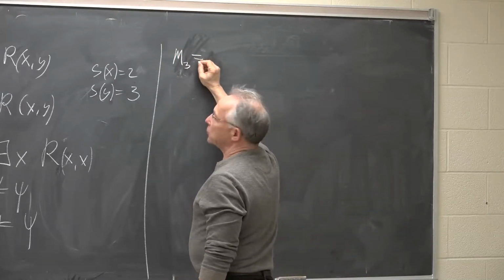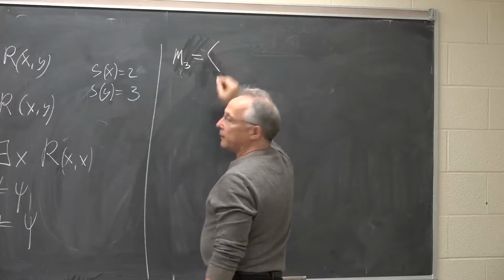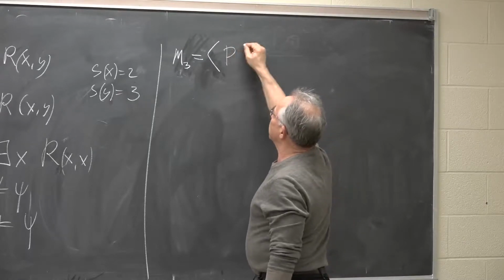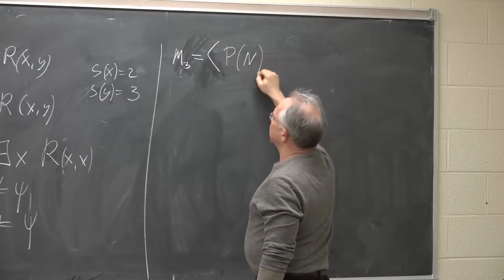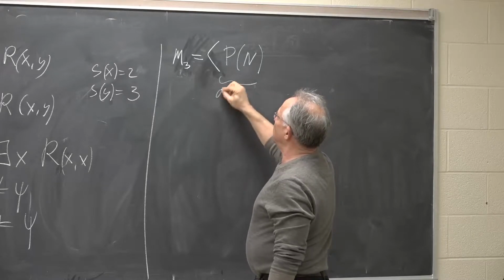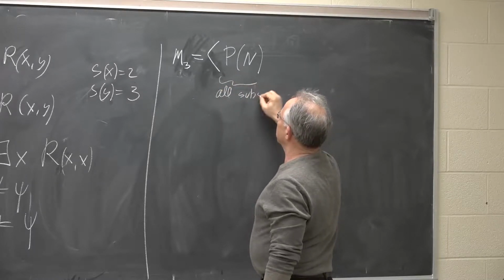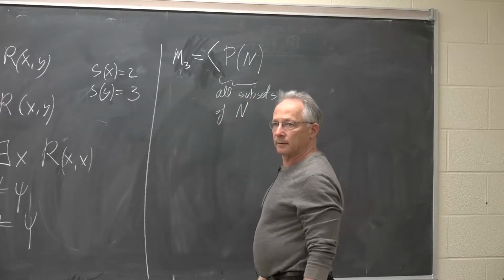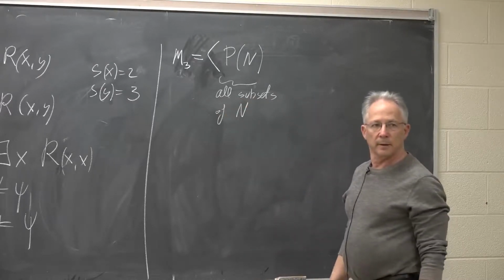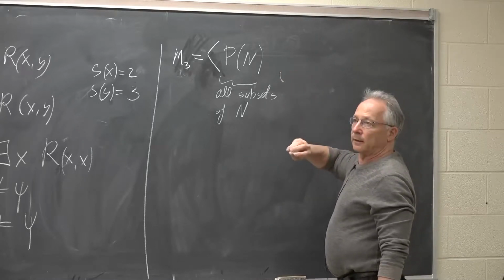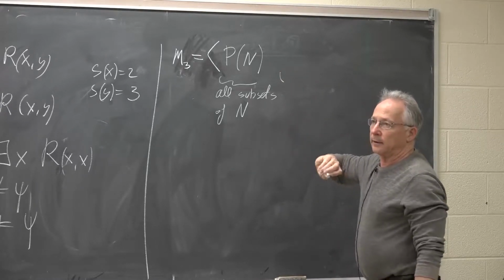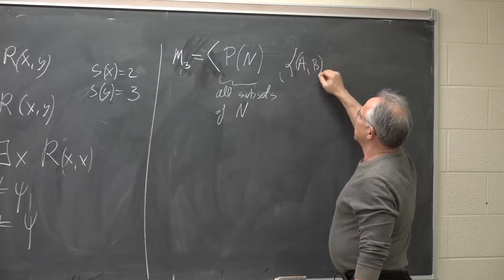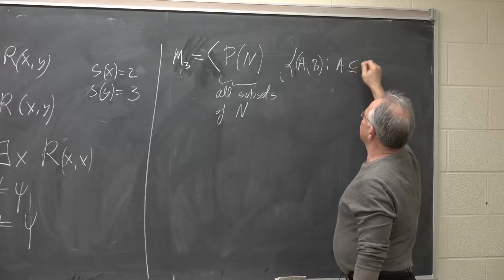For the same language, in M3, my universe is going to be P of N, which is the set of all subsets of the natural numbers. And the interpretation of R will be the set of all A, B such that A is a subset of B.